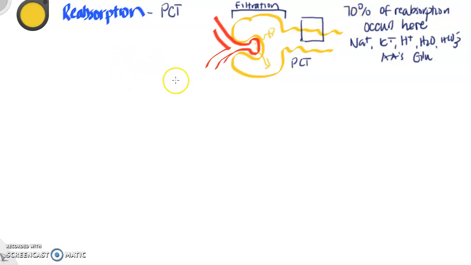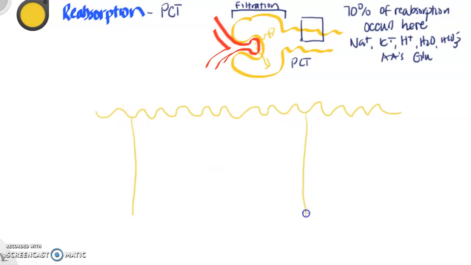Okay, so the proximal convoluted tubule, if I make my little cell, I guess I can make it yellow. The cells in the proximal convoluted tubule are going to be cuboidal.